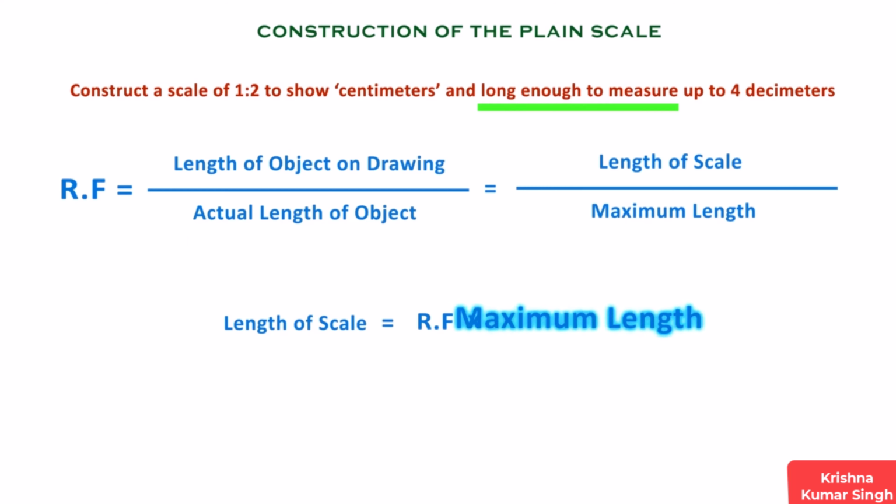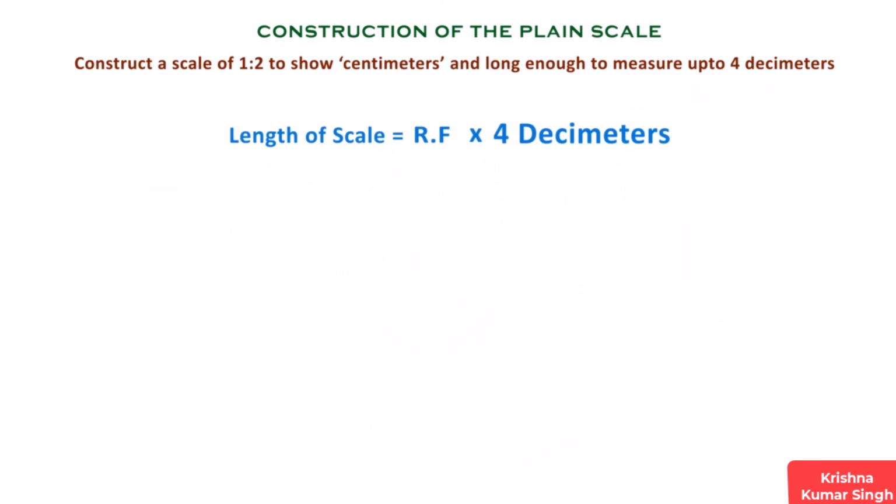That means the maximum length of the scale. It is given as 4 decimeters. We need to find out the length of the scale. That is equal to 1/2 into 4 decimeters, that is 40 centimeters. So, the length of scale becomes 20 centimeters.